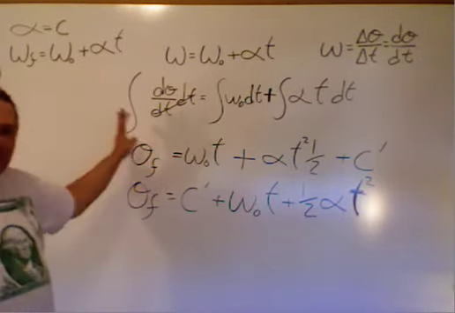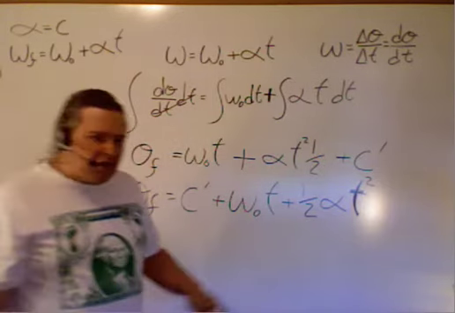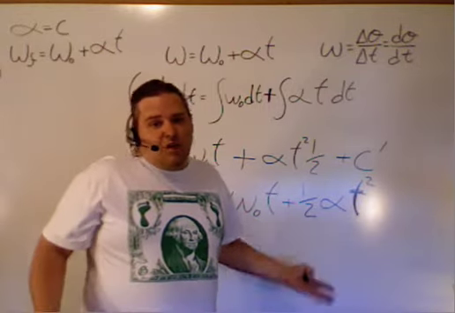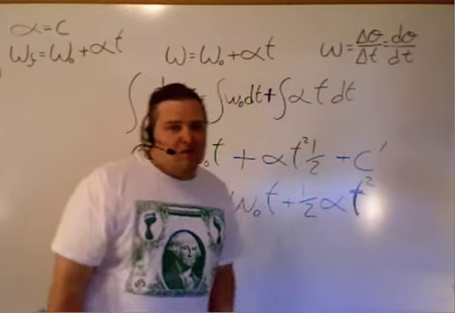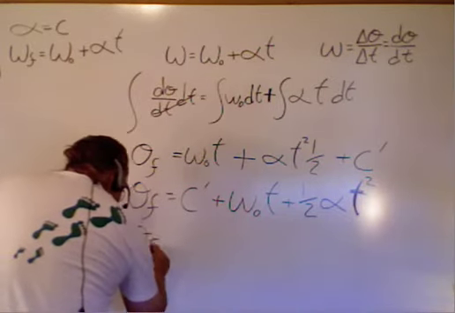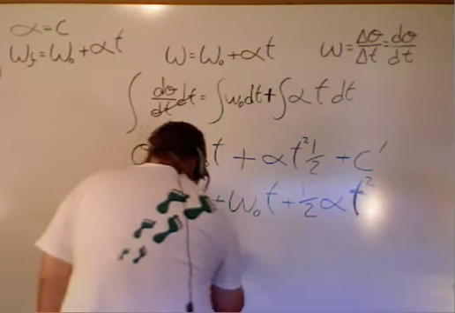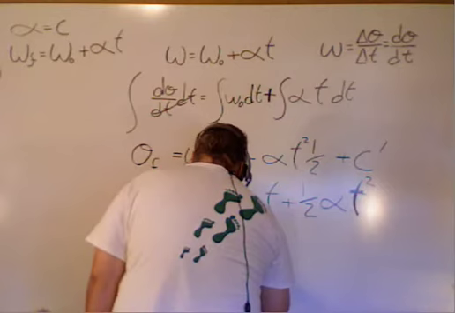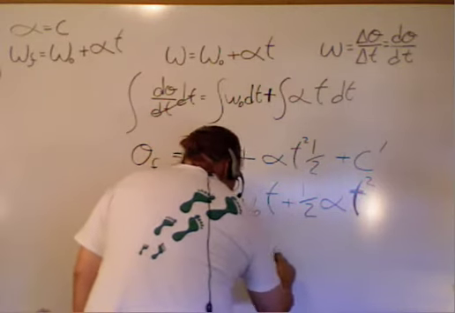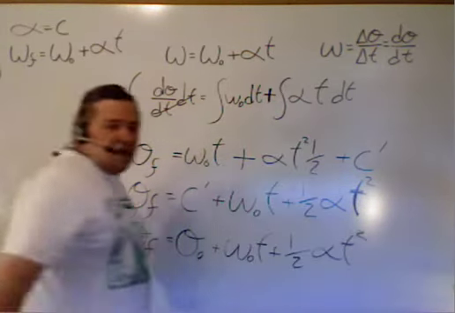Alright, so that's it. But what else affects my angle? What other things affect my angle besides angular velocity, besides angular acceleration, besides time? What other thing affects it? Well, its initial value, where it starts off. So the final expression looks like that.